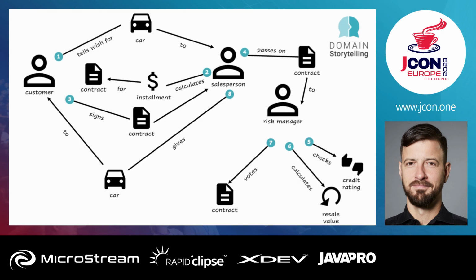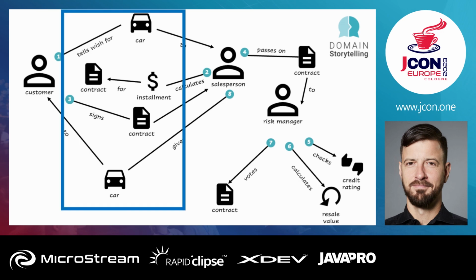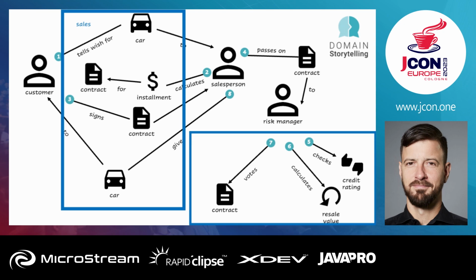So together with our domain experts, with our users, we want to find out that the steps 1, 2, 3, and 8 belong together, and they form what we call a subdomain, a part of the whole domain, and this subdomain is called sales here. And then we have another subdomain down here, which has the steps 5, 6, and 7 in them. And that's the subdomain risk assessment.